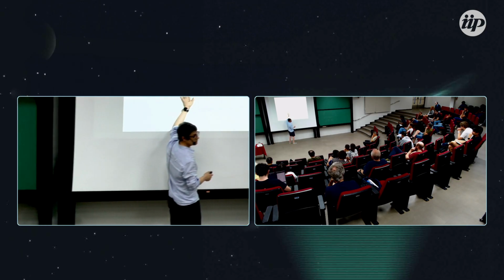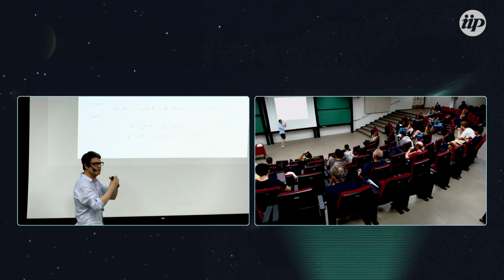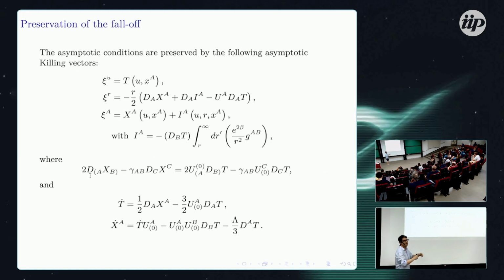This is the expression for the asymptotic Killing vectors that must be satisfied. We can see that these terms are of higher order in the perturbative expansion because we have the wave field here. So this term will cancel at second order, and this is the conformal Killing equation for the two-sphere, whose solution is precisely the Lorentz group. You see? This is how the de Sitter symmetry emerges naturally, because what breaks the de Sitter symmetry are these higher order effects.